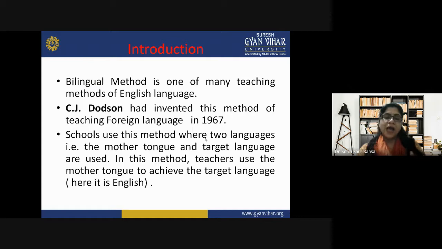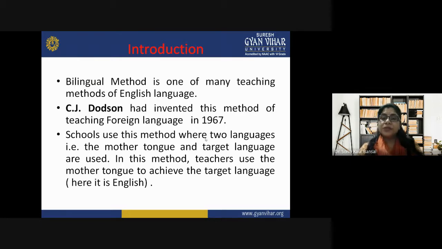So understand it in a unique way, students: bilingual method is the opposite of direct method. Just to recap, direct method is a method in which the students or teachers are restricted to use the target language only.